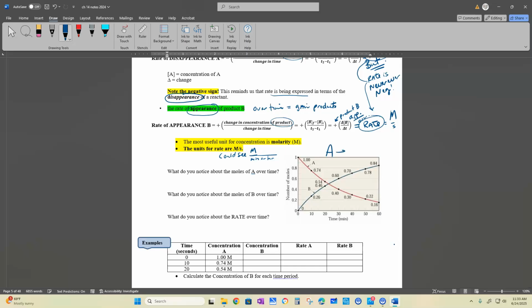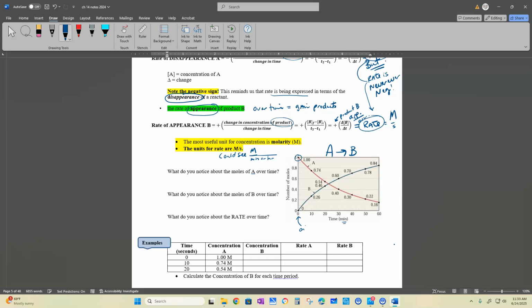A makes B. Okay? Initially at time 0. So notice here we have number of moles and then over here we have time, but this time it said minutes. So at time 0, what do you have? Well, at time 0, I only have A. I don't have any B. Well, that should make sense. You haven't even started the reaction.